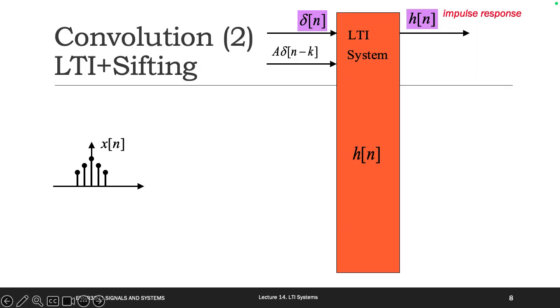If our input is the impulse function and our output is the impulse response, and if our input is this one, what's our output? Since this is an LTI system, what is our output?